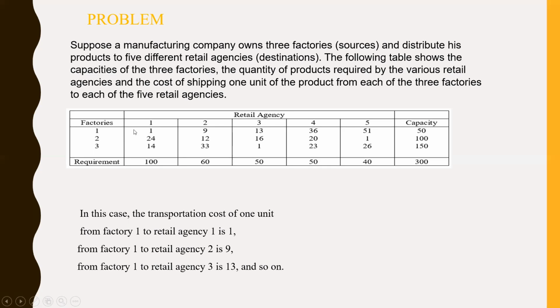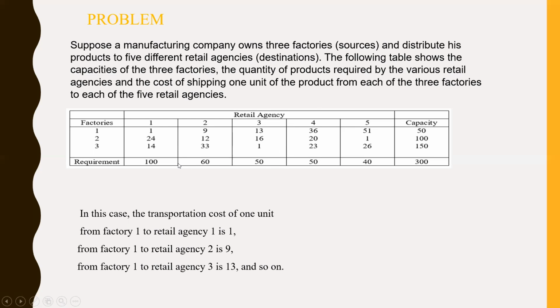So for 1 to 1 it will be C11, then C12 as 9, the transportation cost, then C13 as 13 and so on.